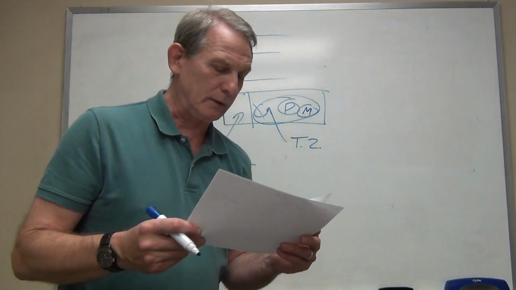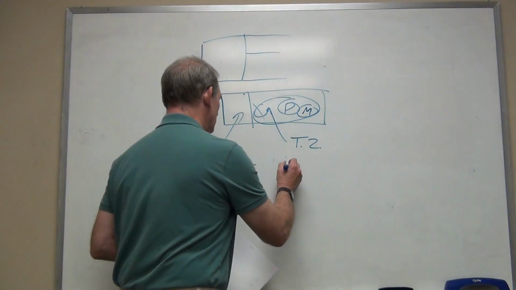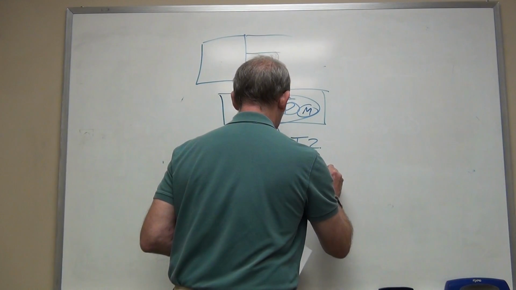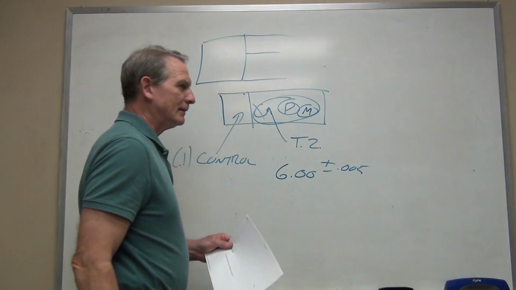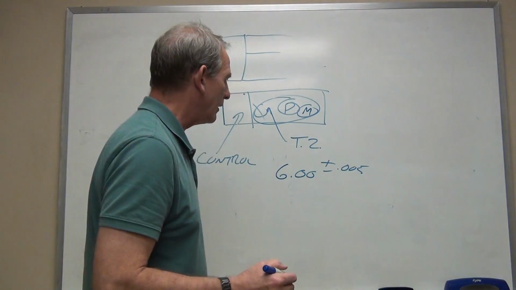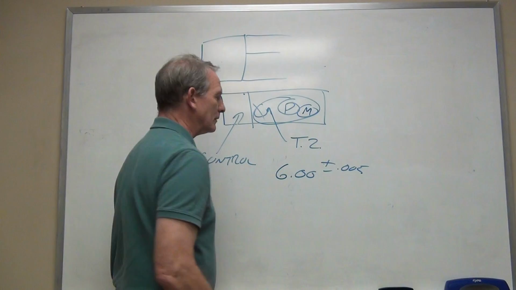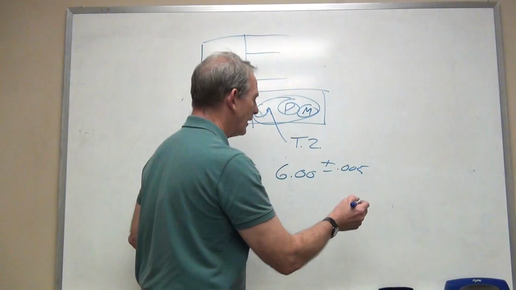Okay, question number 26 was the extra credit. What is the allowance on 6-inch plus or minus 5? The allowance is the total amount of tolerance range that you have. In this case, it's expressed as a bilateral, so it's 5 thousandths this way, 5 thousandths that way.